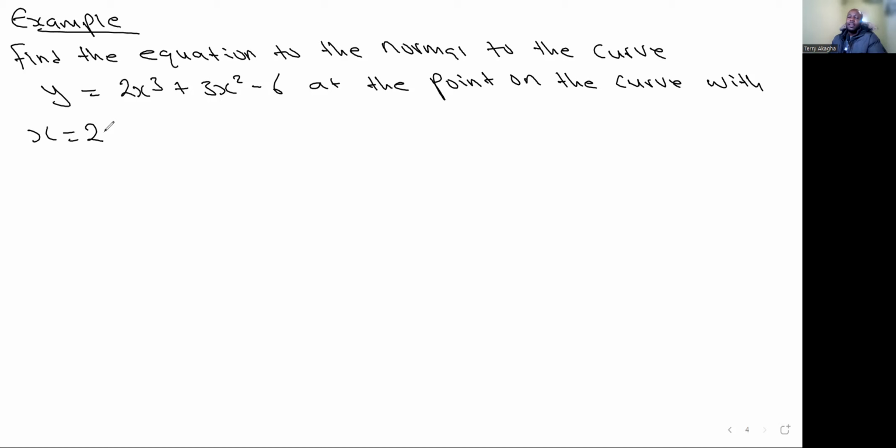You can see in this example, they only gave us the x coordinate, but in some examples, you might be given the x and the y coordinate, okay? So let's get started, all right?